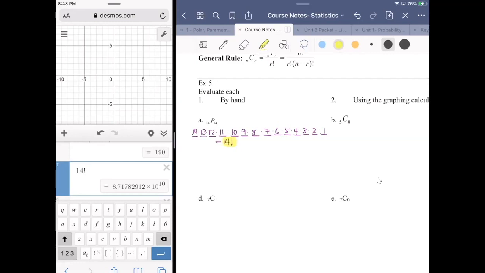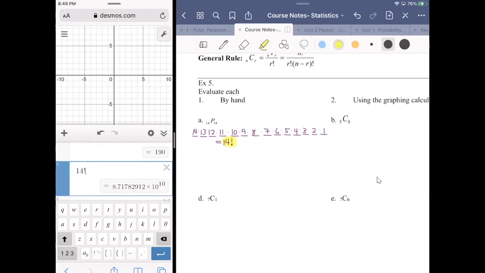Because there would be an overflow that would cause estimation in any calculator. The exception would be if you were using something like Excel, where you can manipulate the rounding to go out. Like if you wanted to go out 20 digits or something, you can make it happen. But it's all right to leave an answer in terms of factorials. Think of a factorial kind of like a radical.